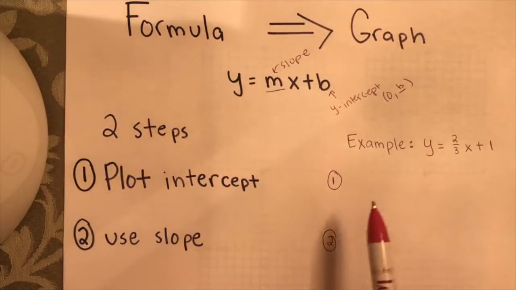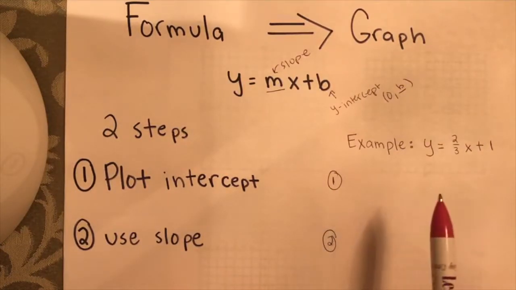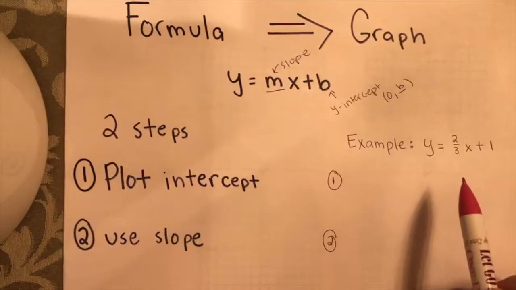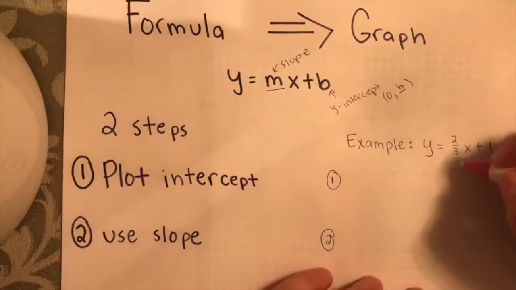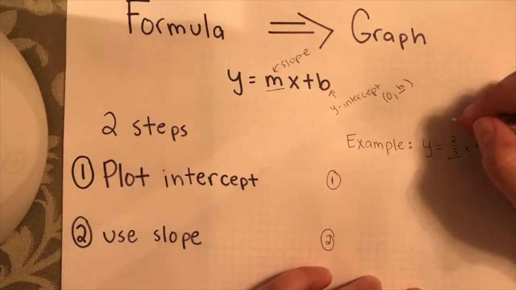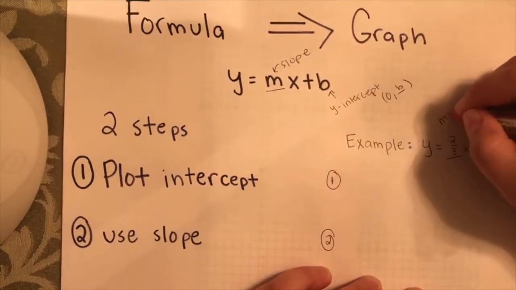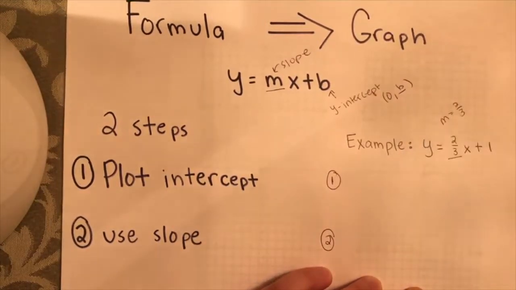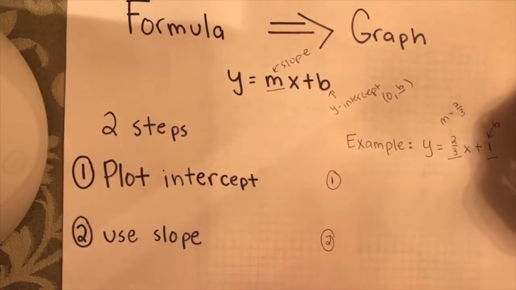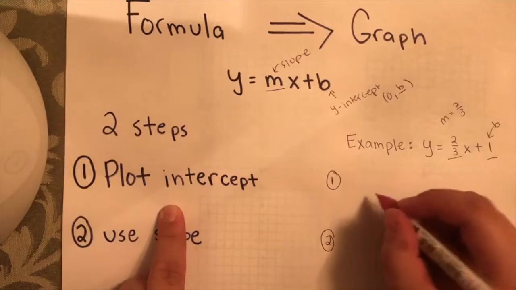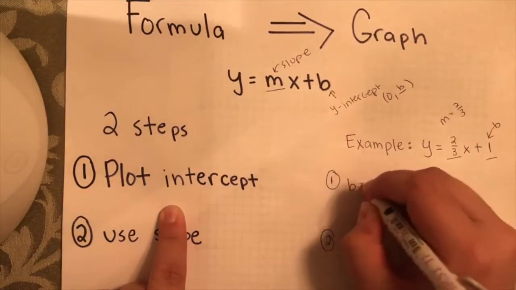Okay, so we look at our first example, and we have y equals 2/3 x plus 1. So this 2/3 is m, right? So m equals 2/3, and the 1 is the b. Okay, so our first step is to plot the y-intercept. So b equals 1.